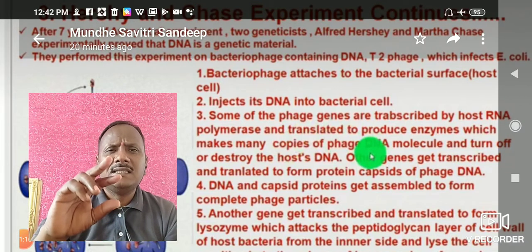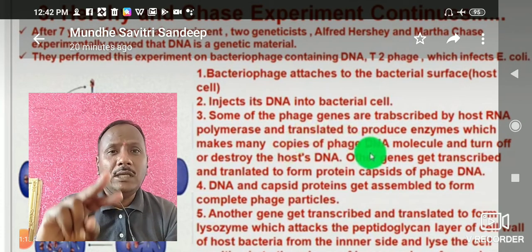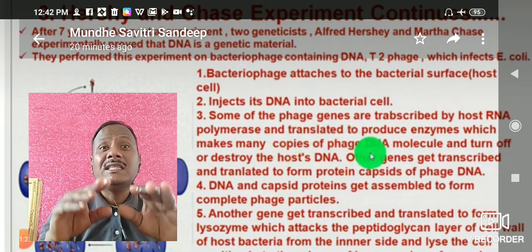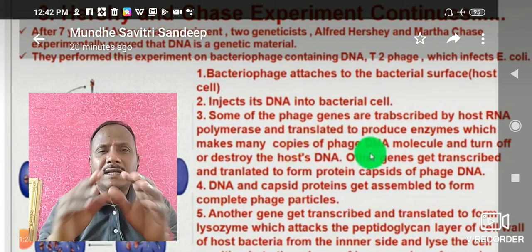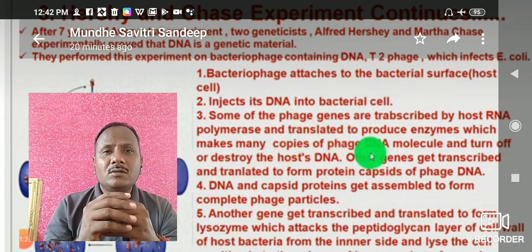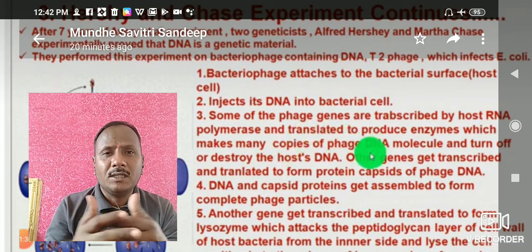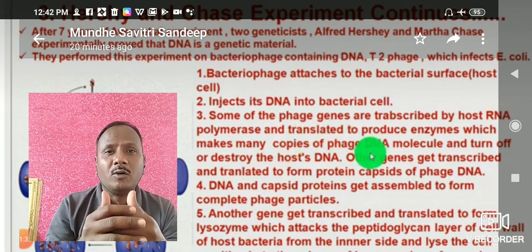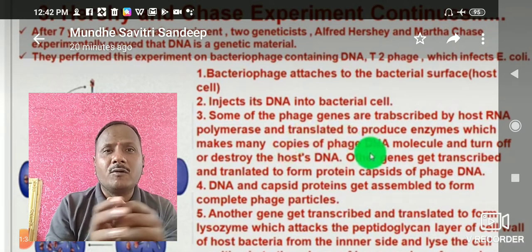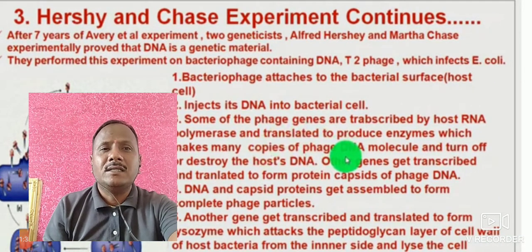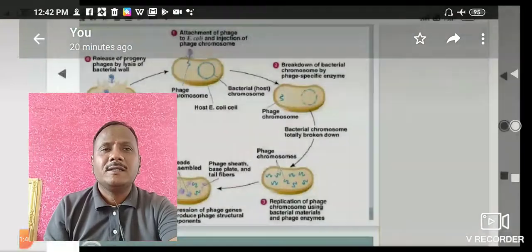These are the two important microorganisms they used in this experiment. Let us see how they performed the experiment, how they showed these two microorganisms play an important role in showing that DNA is a genetic material.